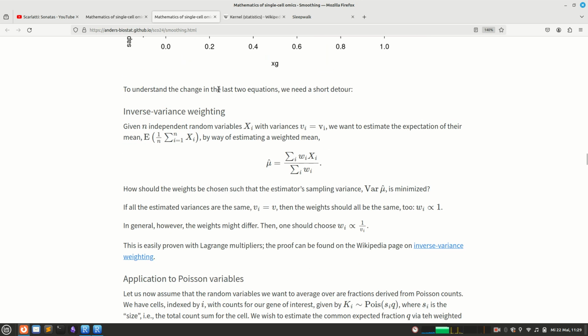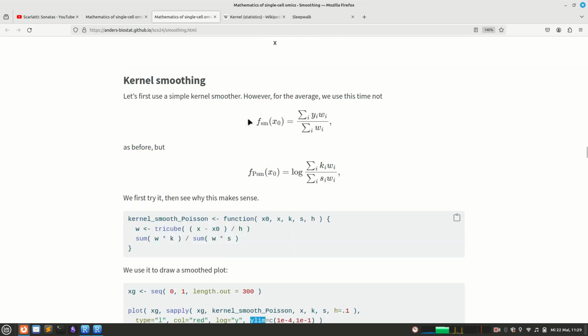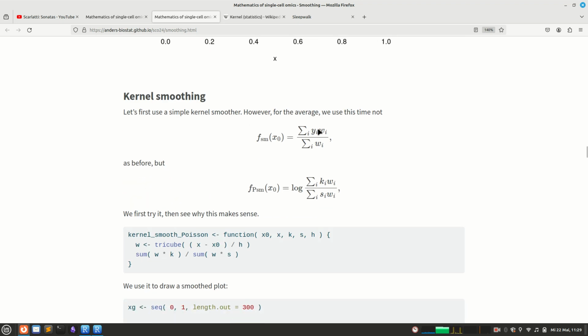To understand why this is appropriate, I explain it the following way. Here I weight each y value with a weight w. Before, I assumed that all the y values have equal precision because they all had the same noise added to them.